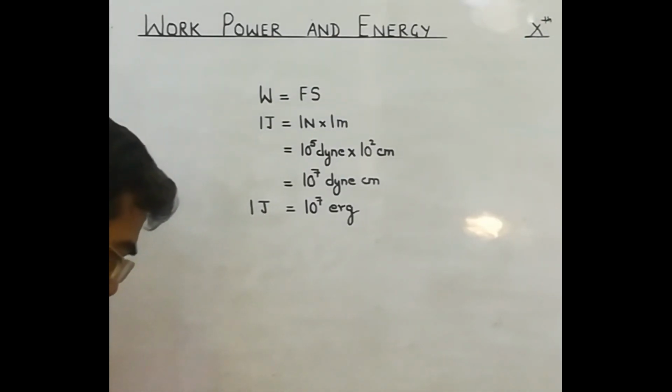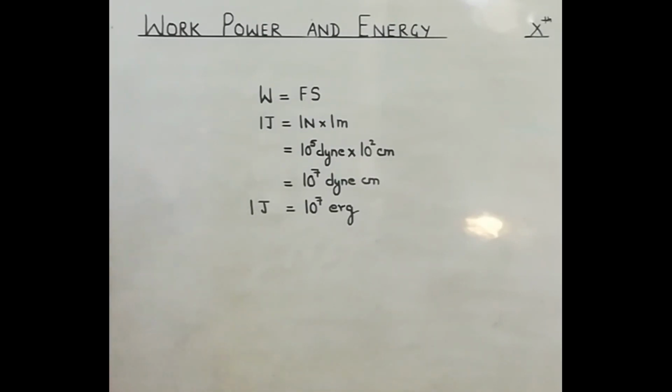Okay, the next topic we have is conditions for the work done to be zero. Under what condition can work done be zero? The first condition is you apply a force on the body and there is no displacement. So if no displacement, work done is zero. An example is you push a wall. You keep on applying the force on the wall, and if the wall does not move, that means displacement is zero.